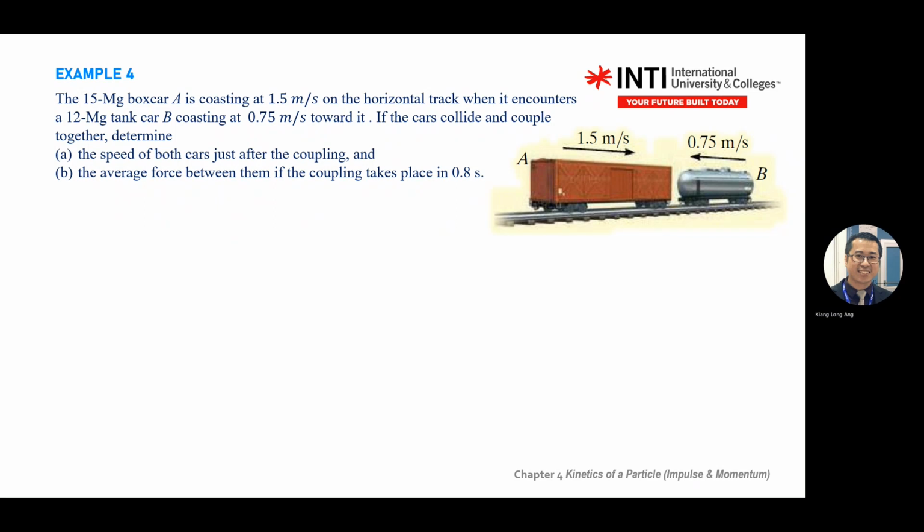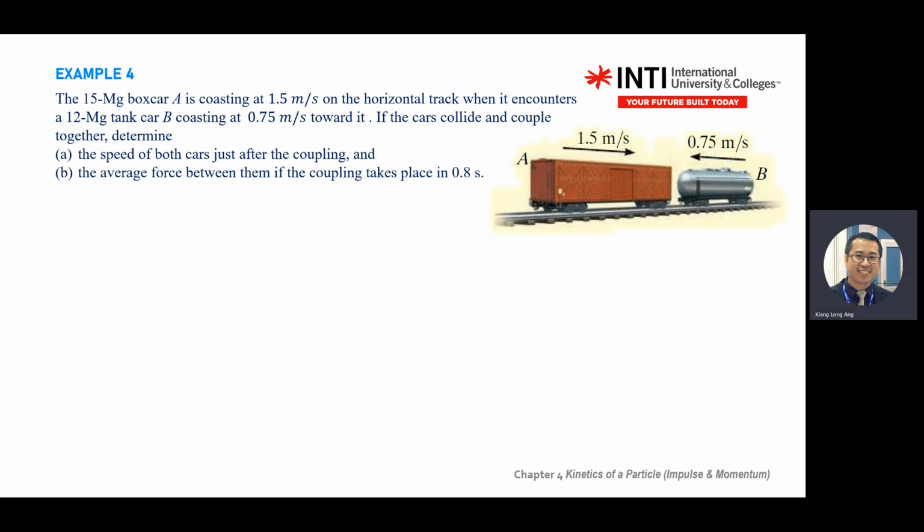You're given the mass of A in megagrams. Remember to change it into SI units, kilograms. B is also given. If the cars collide and couple together, in this case, it tells you the scenario. Collide and couple means join together.